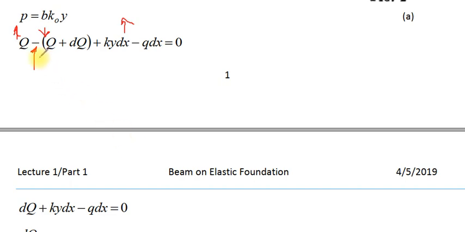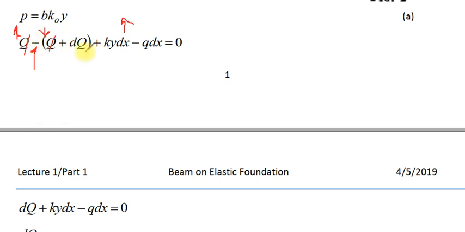Before dividing the equation by dx, Q minus Q will be removed, leaving minus dQ plus Ky dx minus Q dx equal to 0.